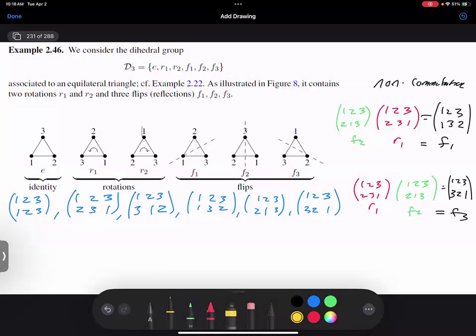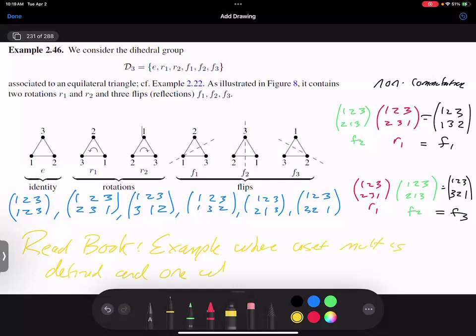And now, if you look at the book, read the book, and you'll have an example where coset multiplication is defined, and one where it's not defined for subgroups here.